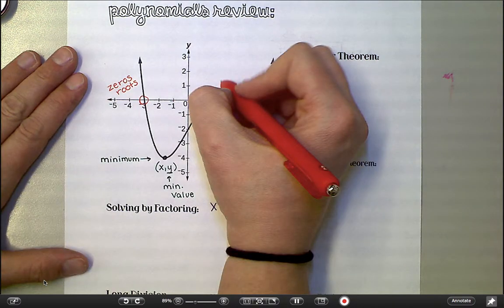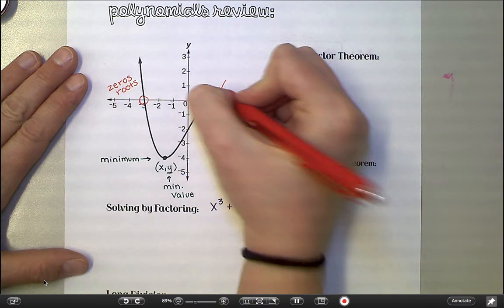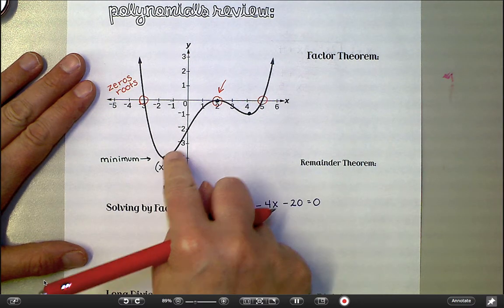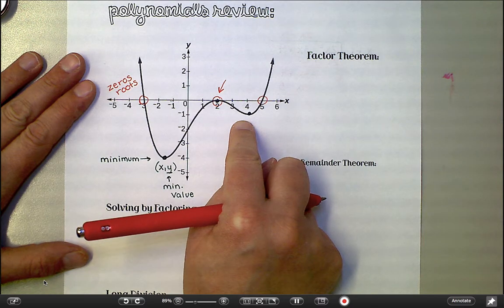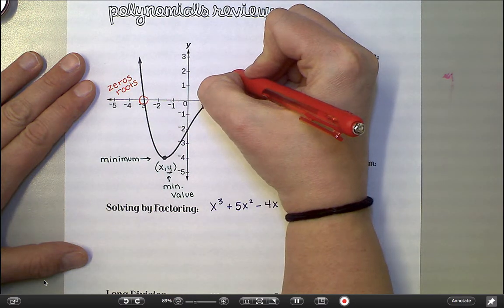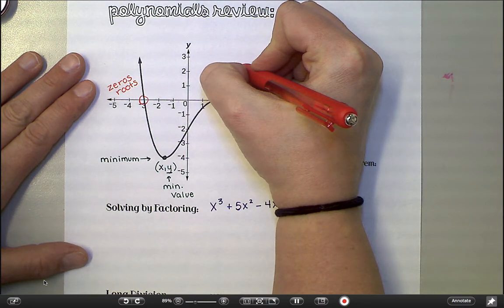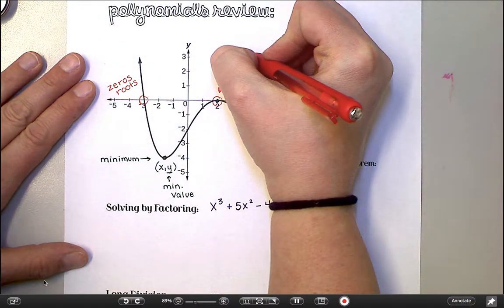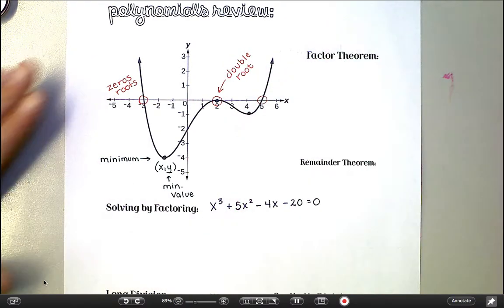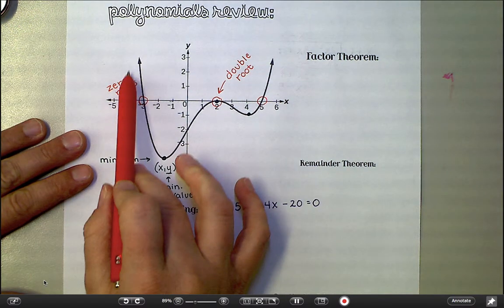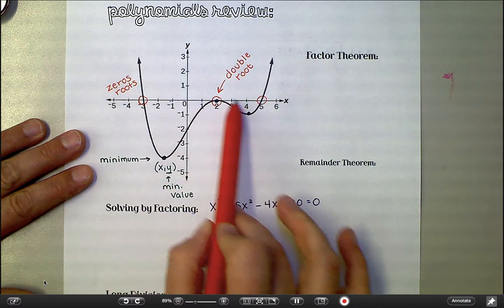And this one right here is especially significant because the graph touches the line, but it doesn't actually go through the line to the other side. So this is what's known as a double root. And when we get into the factor theorem, you'll see more about what that means. But the reason is, technically a graph, every time it goes through the x-axis, we expect it to come out on the other side.